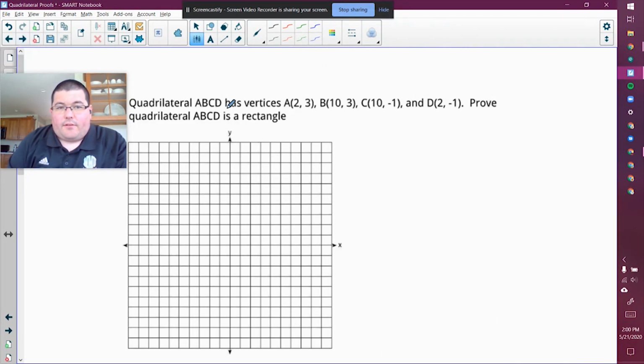So a quadrilateral ABCD has vertices of 2, 3, 10, 3, 10, -1, and 2, -1. So let's plot those. 2, 3. We've got 10, 3.